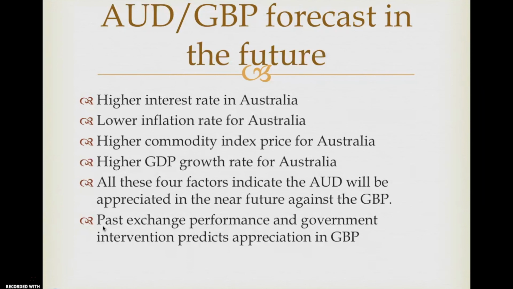So it suggests GBP will be appreciated, but all in all, the analysis indicates AUD seems to have a higher possibility to be appreciated in the near future, since more factors support the appreciation of AUD against GBP.